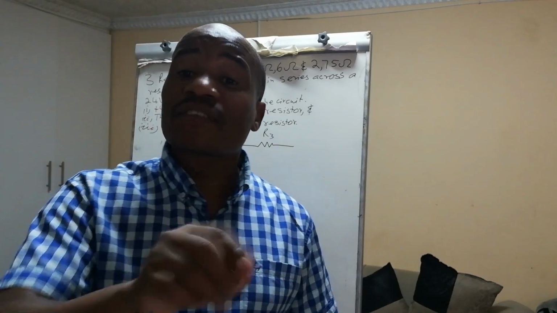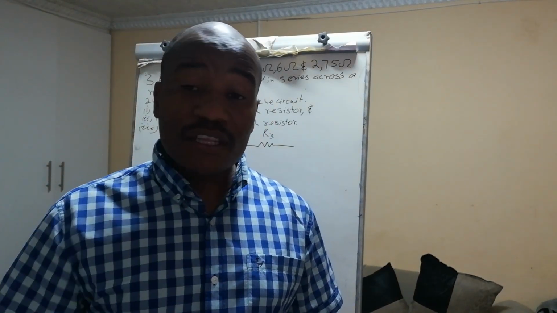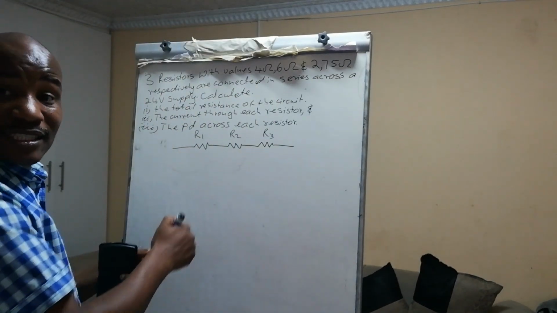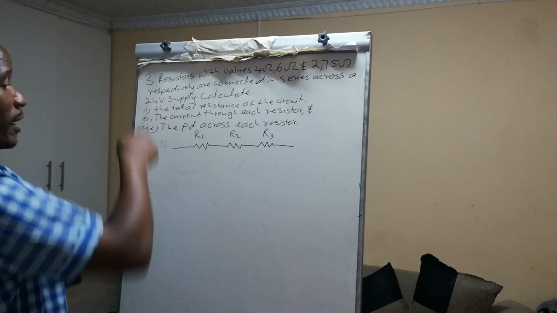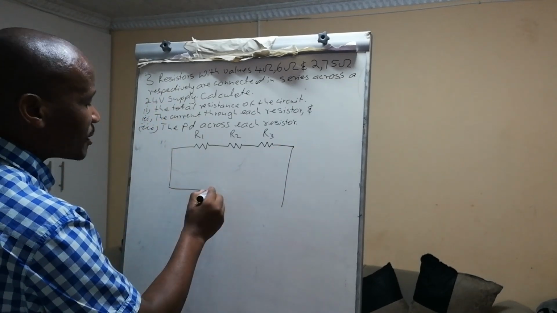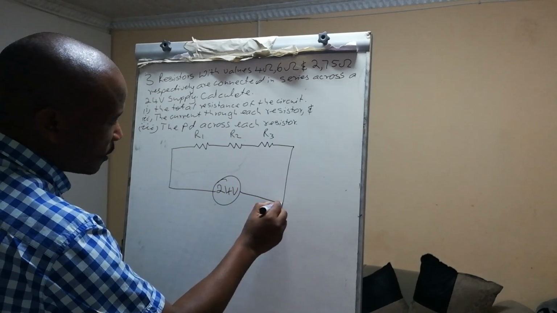Everything that you are writing and saying should make sense. So these are resistors in series and they are connected across what? A 24 volt supply. Let's say a battery.